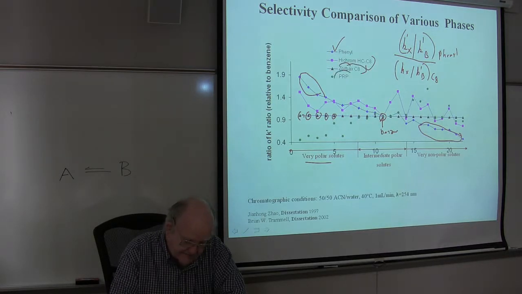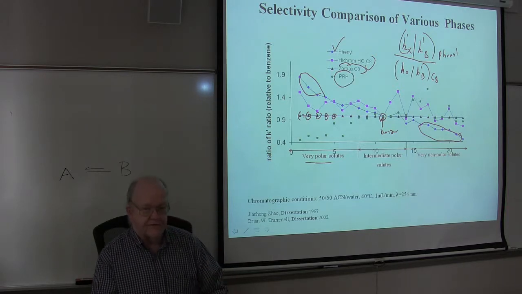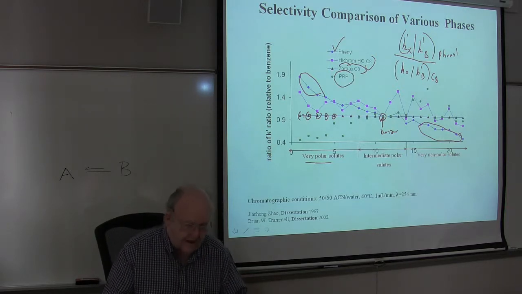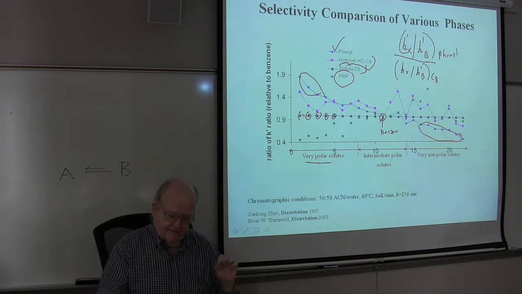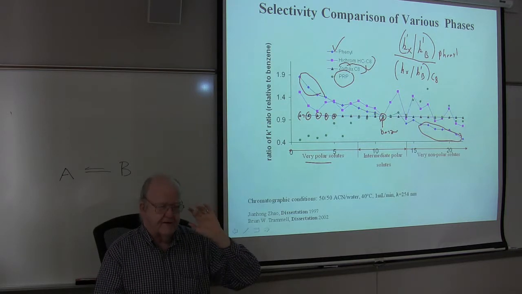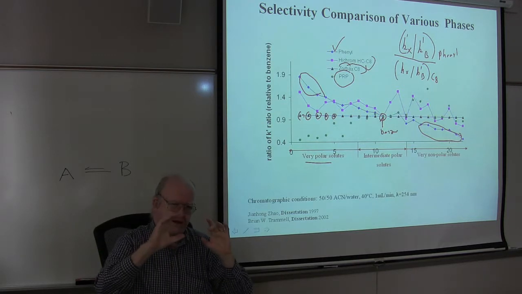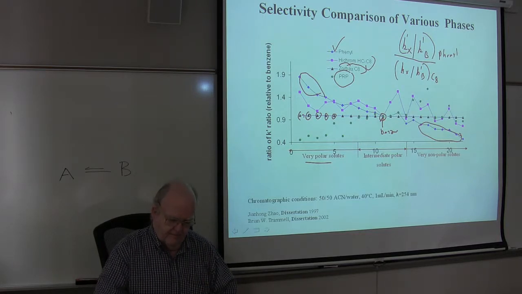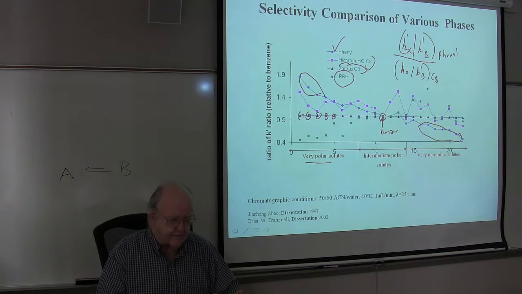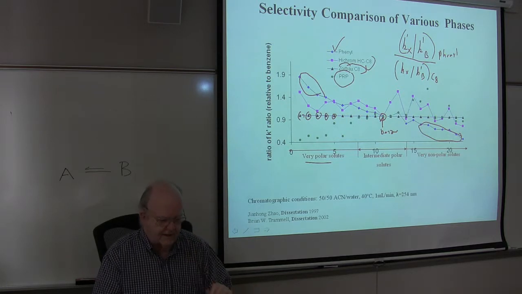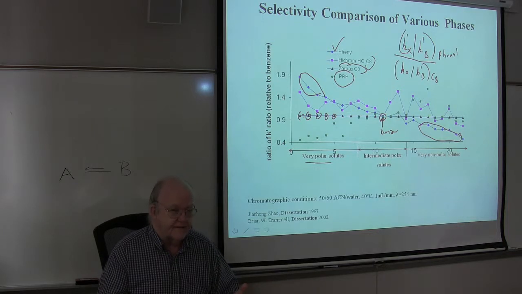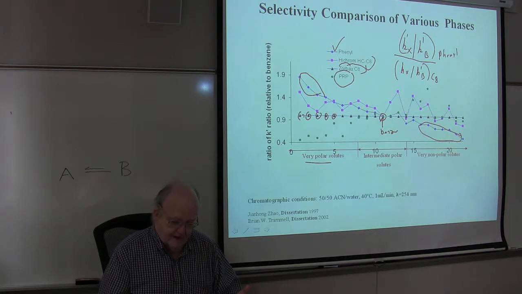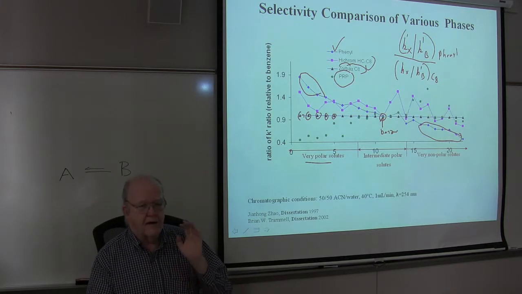And the PRP phase, which means a polymer reverse phase, I told you about this the other day. This is styrene cross-linked with divinyl benzene. And there's a lot of divinyl benzene, so it's a very highly cross-linked phase. We can see it is not the same as a phenyl phase, and certainly is not the same as a C8 phase.